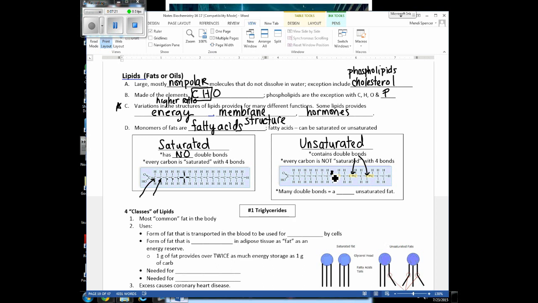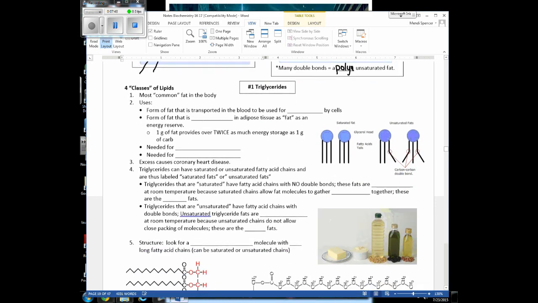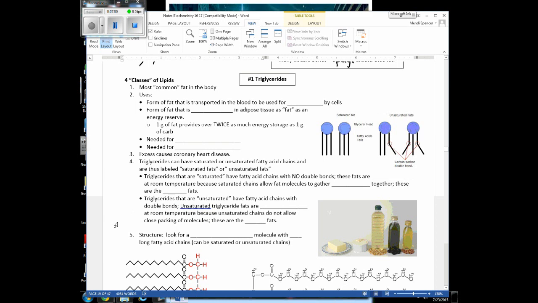Now, you've probably heard of polyunsaturated fats, and we're just dealing with fatty acid chains that have a large number of double bonds in them. So many double bonds equal a polyunsaturated fat. Poly means many. Now, we're going to reference saturated and unsaturated fatty acid chains as we go throughout these 4 types of lipids. So let's jump into the triglycerides.